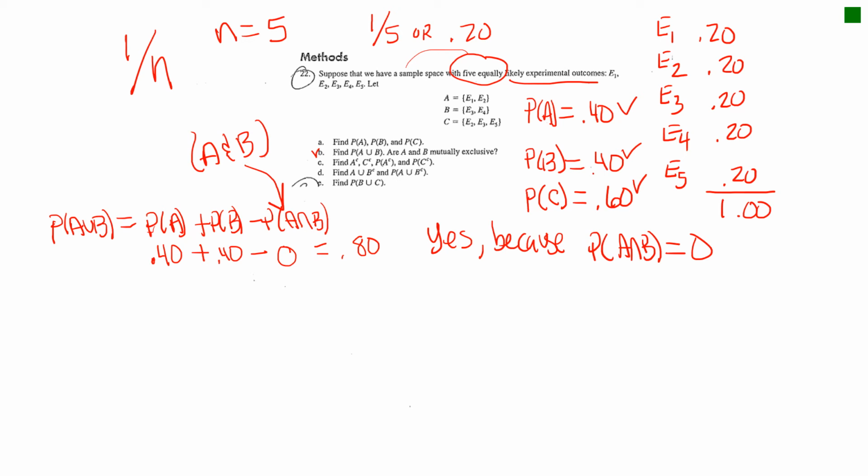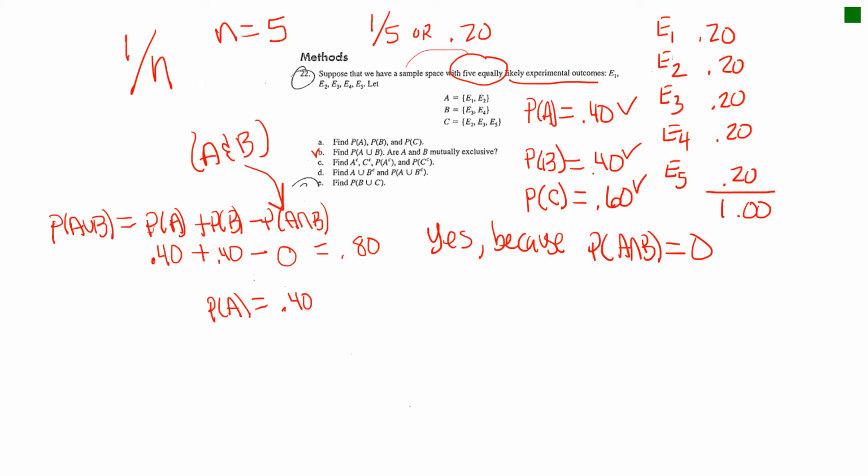And then the other idea I want to show you real quick is how to get this thing called a complement. For example, if the probability of event A is equal to 0.40, a complement would represent any sample point not in that particular event. If I look at event A, I see E1 and E2.